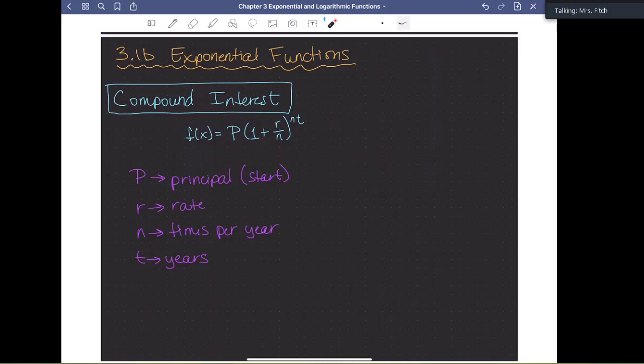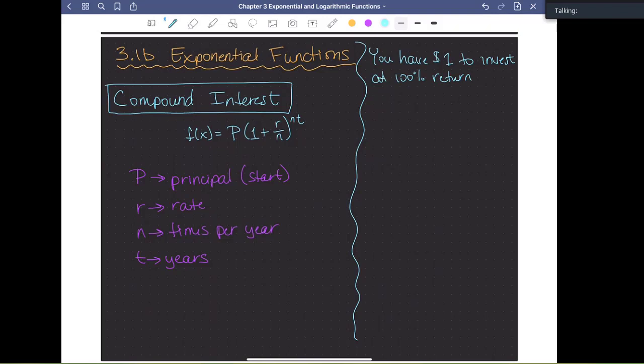So I went ahead and wrote down the formula and what everything stands for, but I kind of want to talk a little bit about what compound interest even means, right? We're going to make a funny little scenario, and say that you have $1 to invest, and you're going to invest it at 100% return per year.